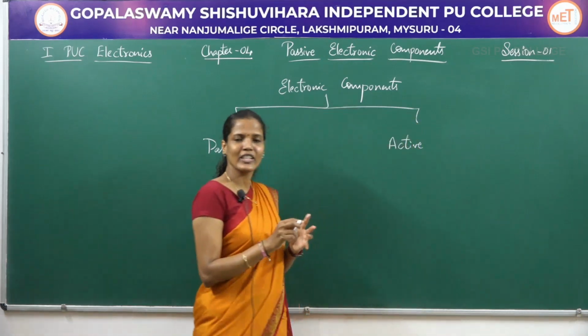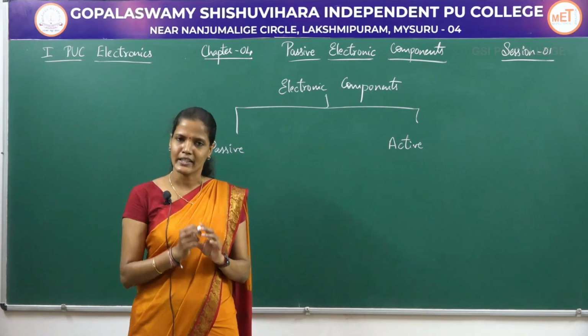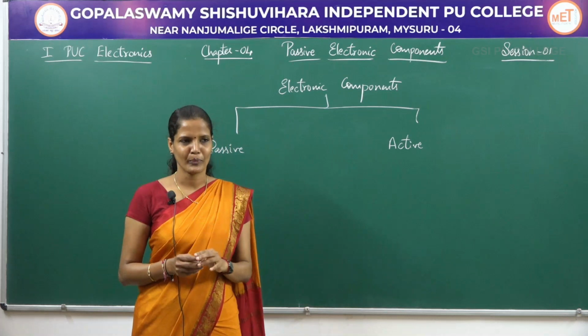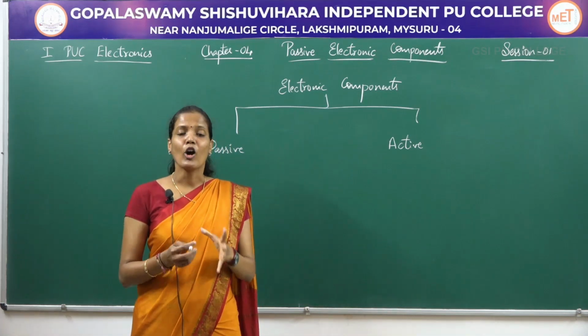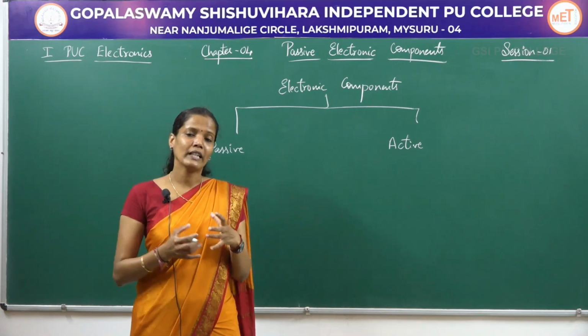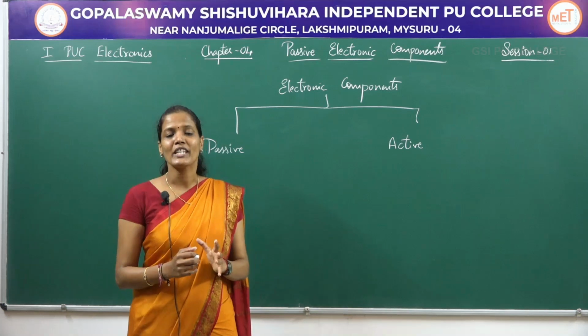So let us first try to understand the difference between passive electronic components and the active electronic components. Passive electronic components are those components which absorb or store or dissipate energy. They do not have energy by their own, or they do not provide energy to the network.